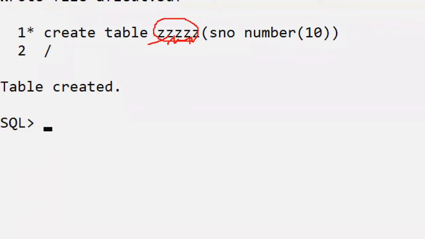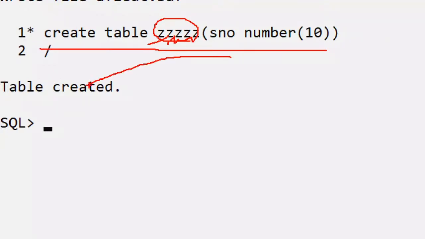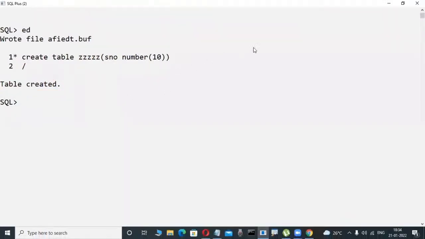Z is a name I am giving. The table I'm creating only in my Oracle database or SQL Server database or MySQL database. The table is created. Slowly observe it here.